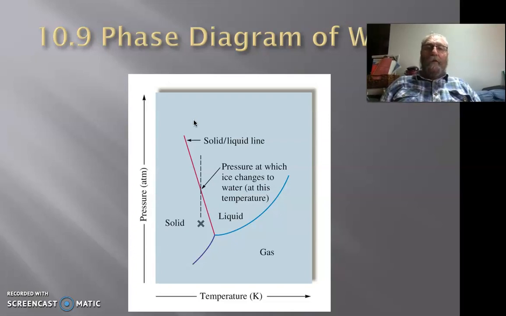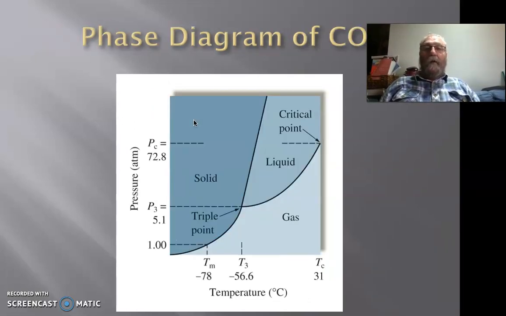There is a triple point here, which is where the solid, liquid, and gas all come together. So all three states can occur at that particular temperature and pressure. Now you can see for a normal chemical, such as CO2, that the solid-liquid line moves forward.